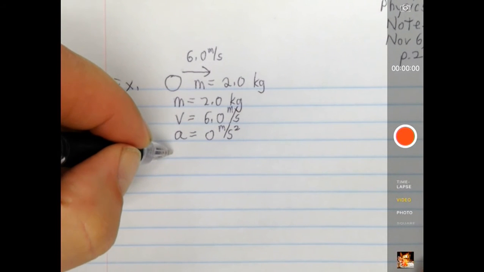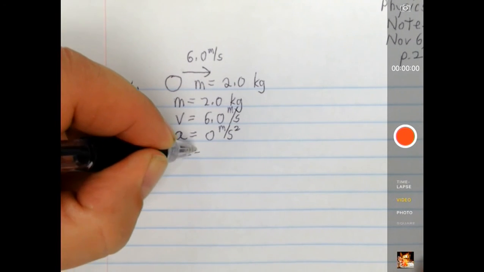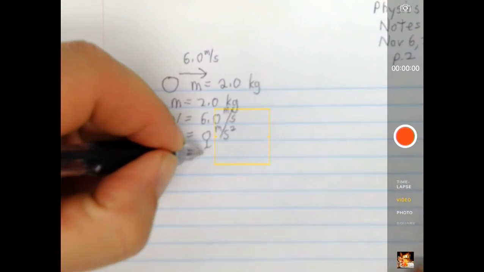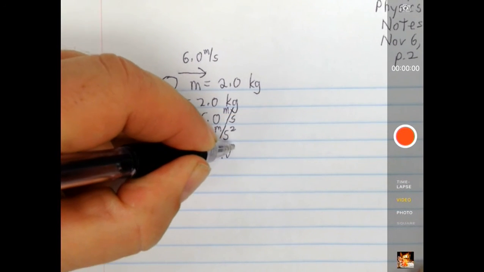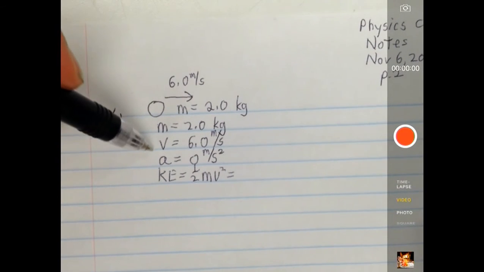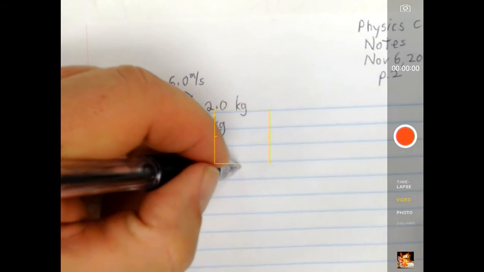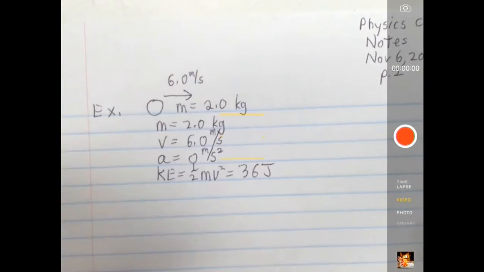We can calculate its kinetic energy by 1/2 mv squared, and that would be 1/2 times 2 times 6 squared. I get 36 joules.